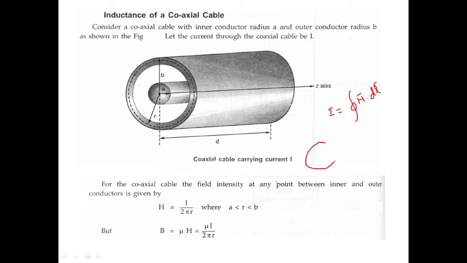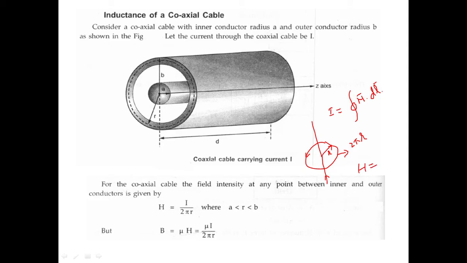Now here I'll consider a circle of radius R, and I have a current carrying element in between, right? So if the current is flowing in this direction, the H vector will be in this direction. If I take the radius of this as R, what is the circumference of this circle? It will be 2 pi R. So I can take dl as 2 pi R. So what will be H from this?